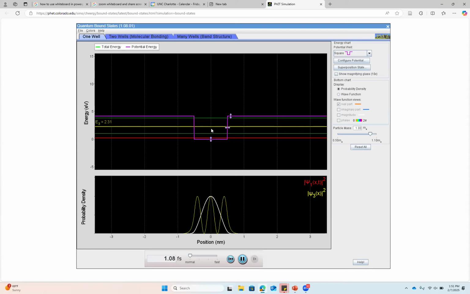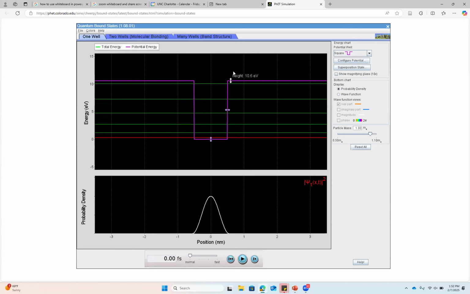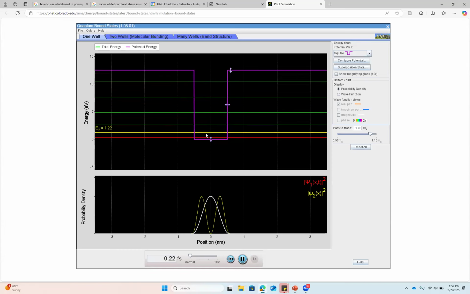For instance, if I put n equal to 1, you will have the lowest energy. For n equal to 2, it will have the second energy, then n equal to 3, n equal to 4, and it keeps going on. The lowest energy corresponds to this level, shown by the blue and green lines. This is the next energy level, and this is the third energy level.